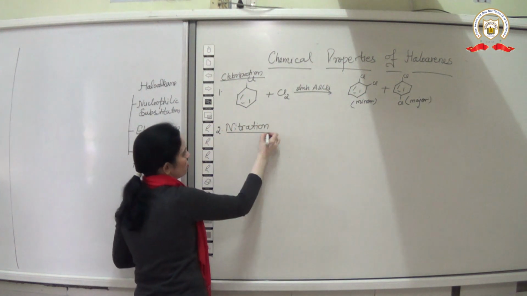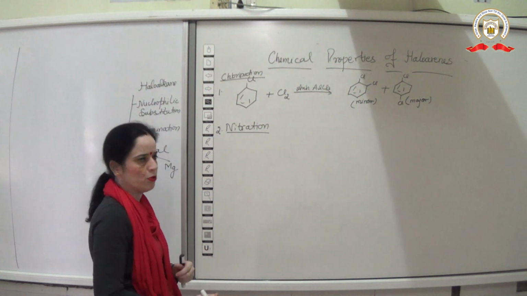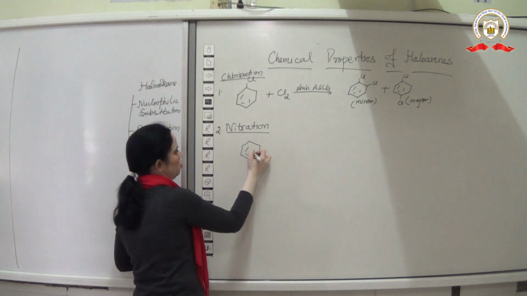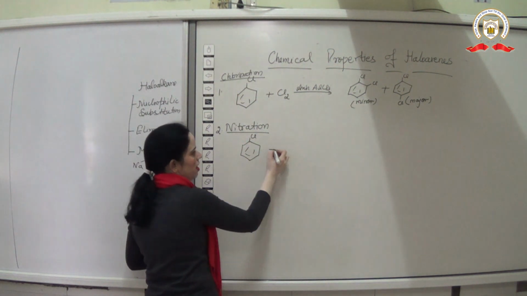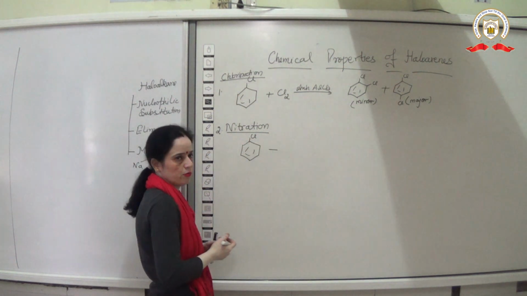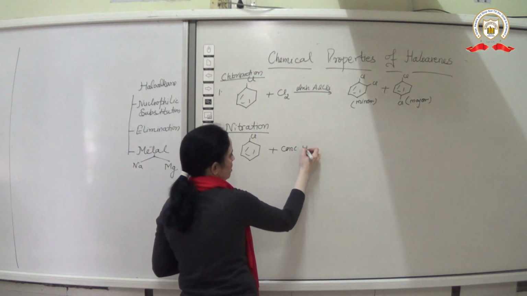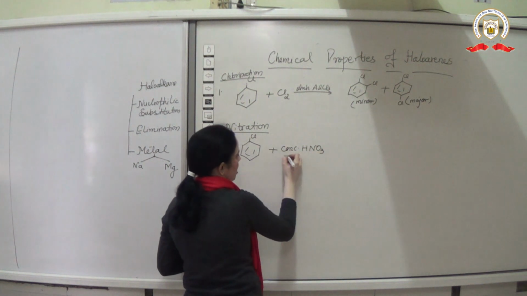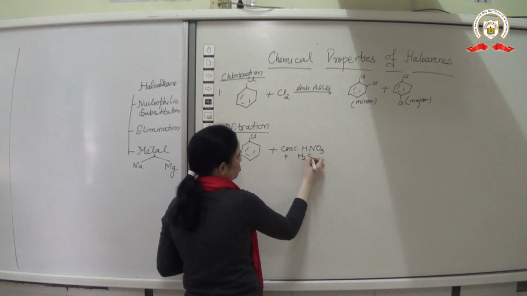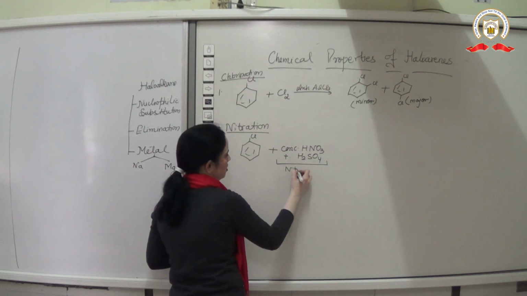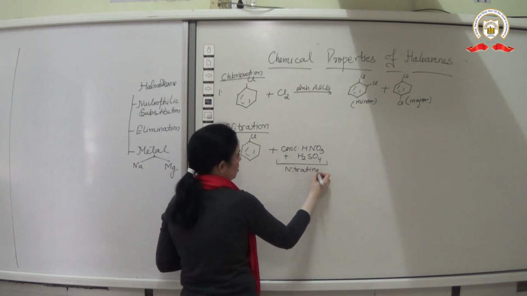In the case of nitration, the electrophile is NO2 positive. We have taken chlorobenzene, then we are using the nitrating mixture. What is the nitrating mixture? Concentrated HNO3 along with H2SO4. This is known as the nitrating mixture.